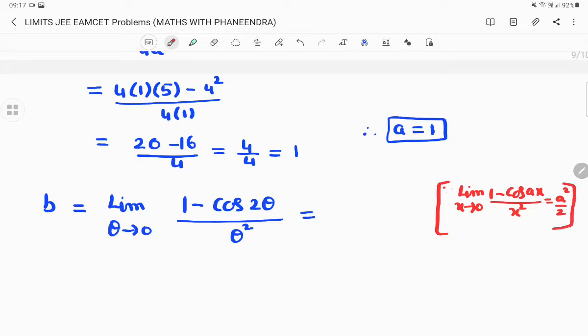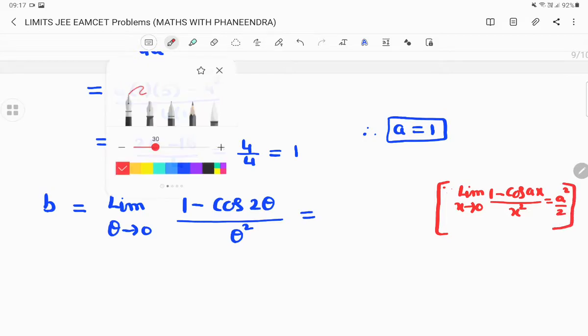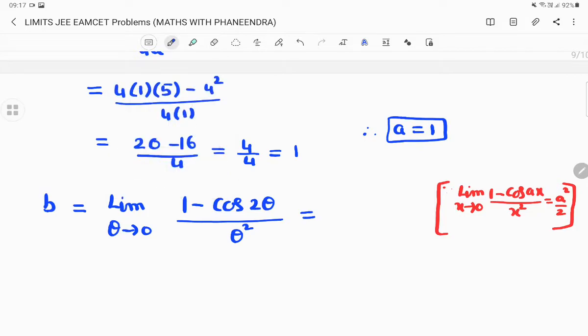So by using this formula, this limit can be written with a value 2 here. So 2 square by 2 simply, which is equal to 2. Therefore the value of b is 2.